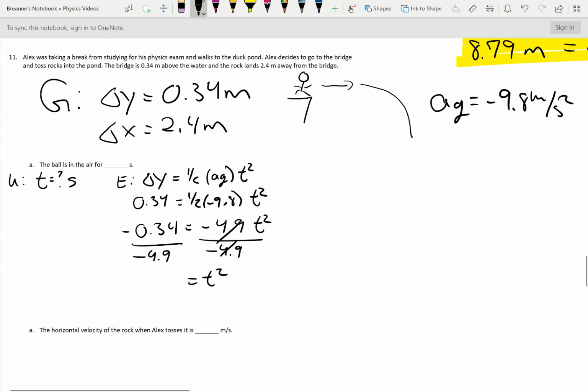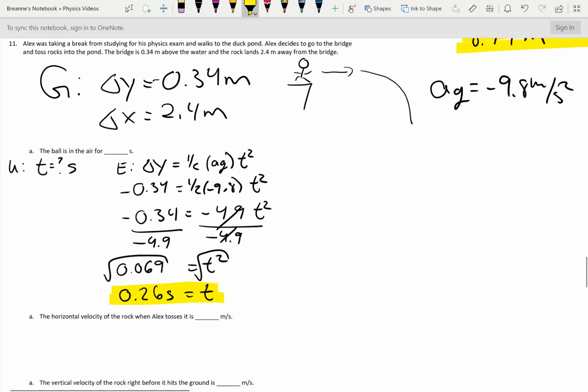Now the object is falling, so our delta y needs to be negative. That gives you 0.069. To get rid of that squared, take the square root. So our time ends up being 0.26 seconds.